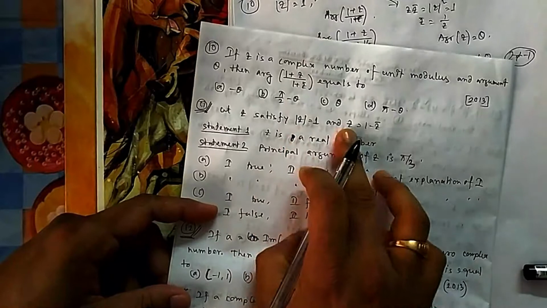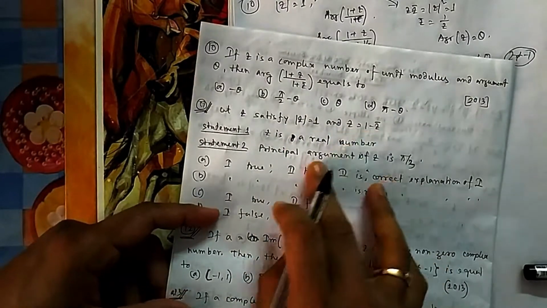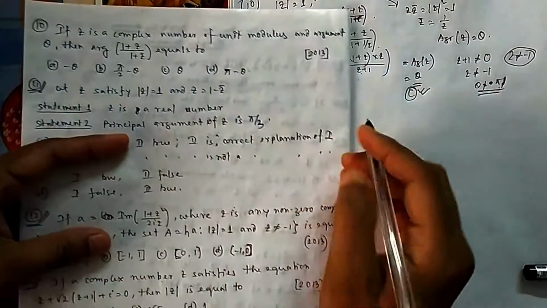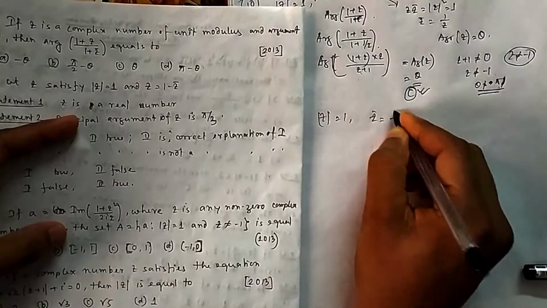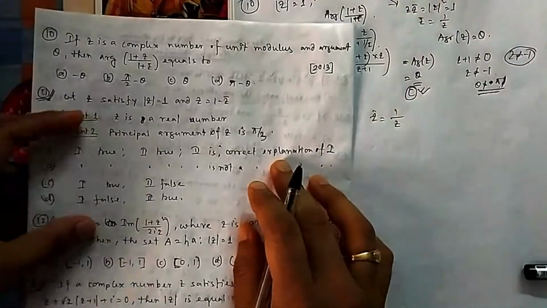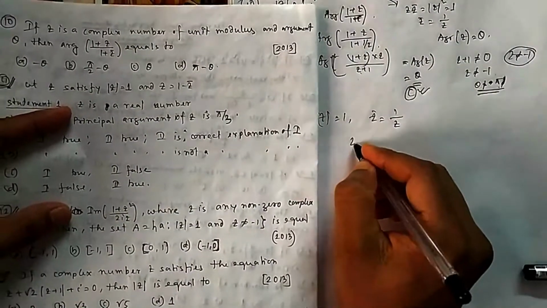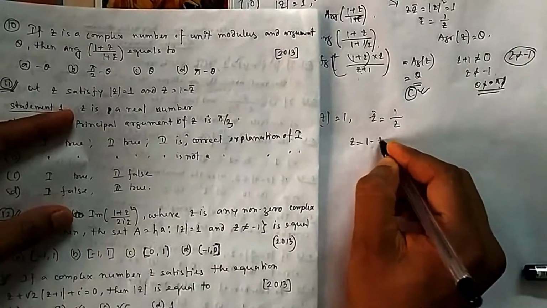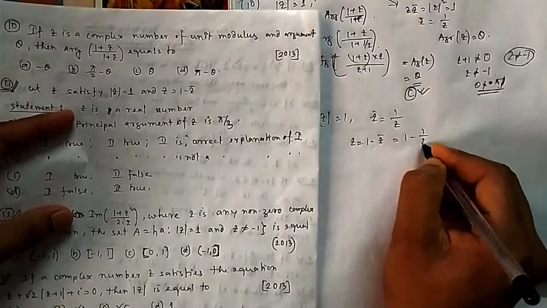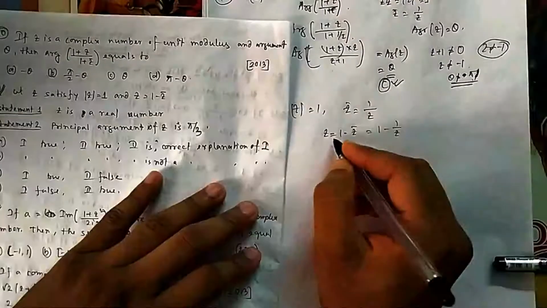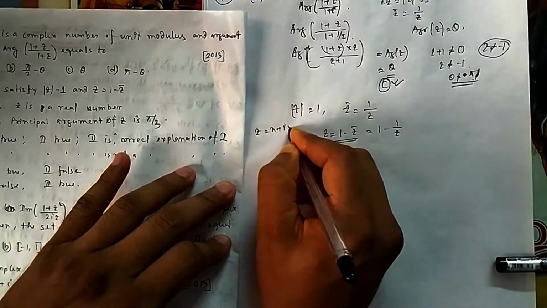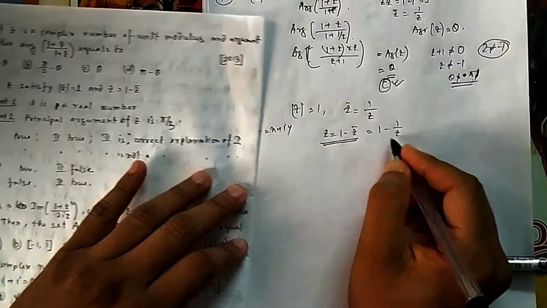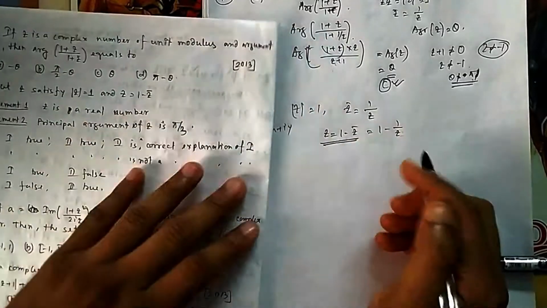Now if you come to 11, Z satisfies this. Suppose Z is a real number. So let me check. Mod Z is given 1, so that means Z bar is 1 by Z. They have given one more condition, Z is equal to 1 minus Z bar, which can be written as 1 minus 1 by Z. Or you can treat it as, suppose Z is equal to X plus iY, because we cannot draw any conclusive idea about whether Z is a real number or not.